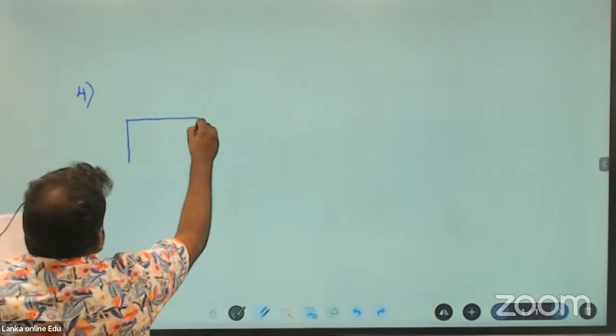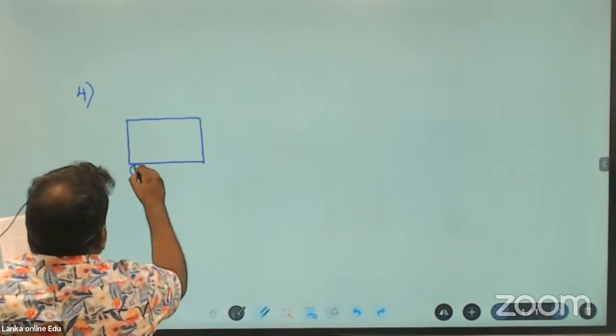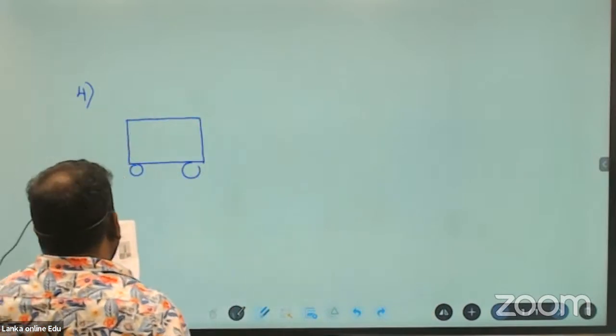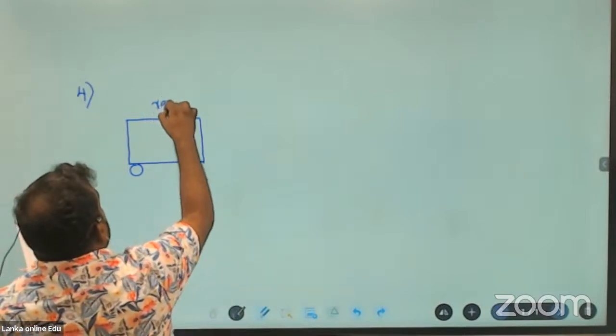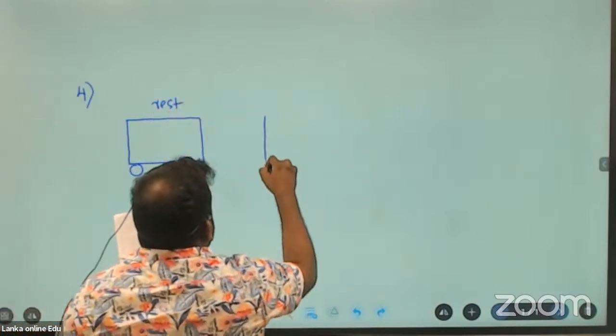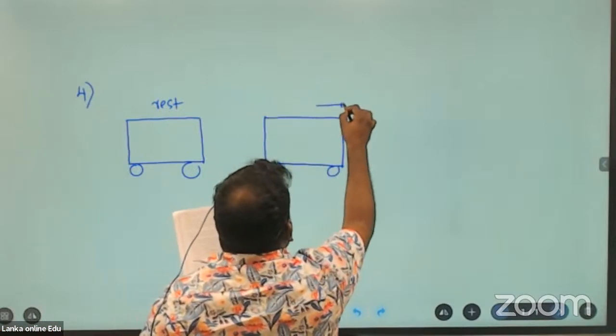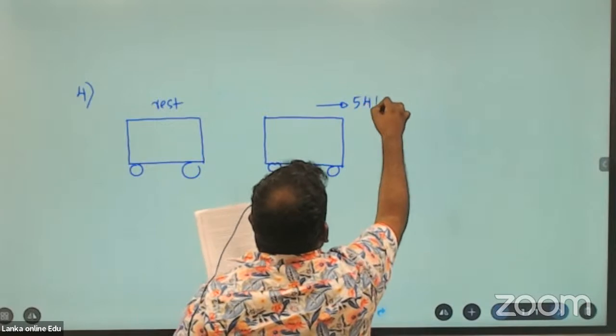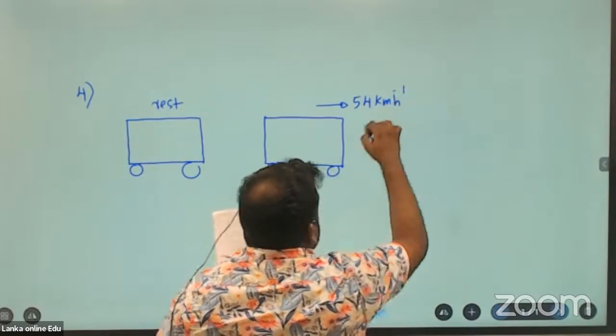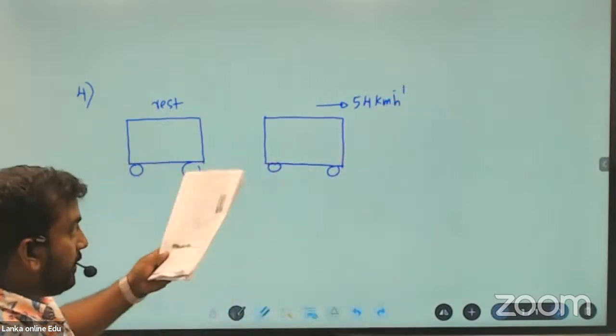So here you have a train. From rest, there is an acceleration up to 54 kilometers per hour. You can convert that.